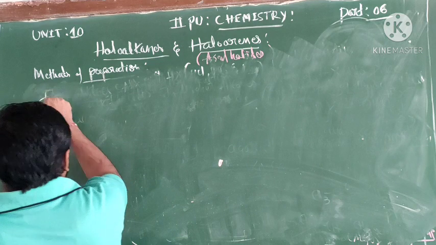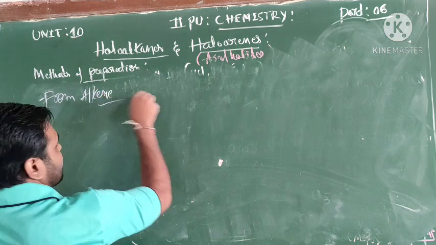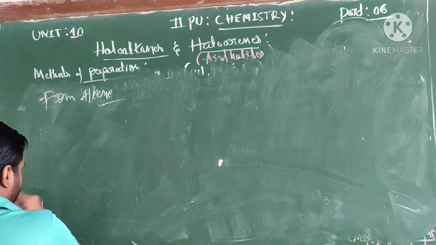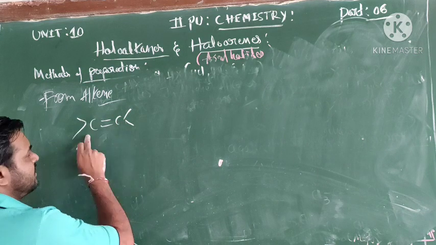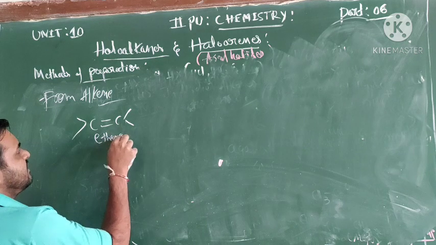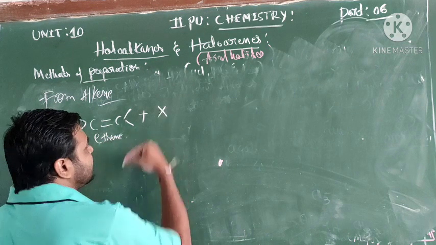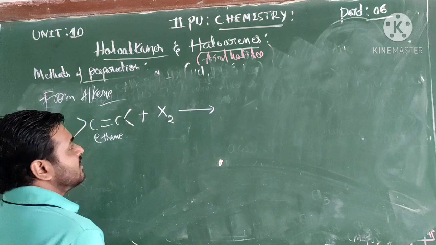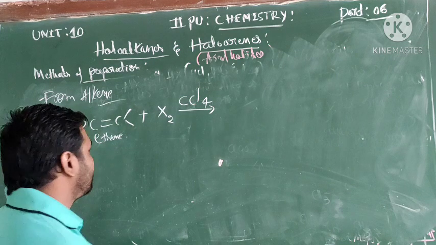Okay, so the last one. From alkenes, one more product is dihalides. So from alkenes you can take the C double bond, the alkene group, ethene. Attach the halogen X2 in the presence of the catalyst CCl4, carbon tetrachloride.